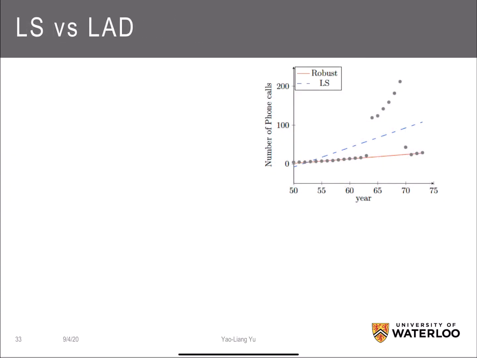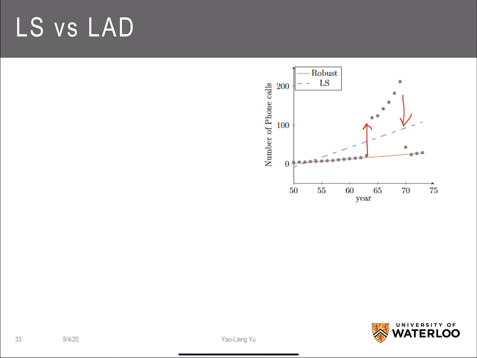This is another application, another area where we need optimization. And this is a data set on the right. I'm showing you a data set where we recorded the number of phone calls in Belgium during the years from 1950 to 1975. The interesting thing was there was a sharp jump around 1964, and then a few years later, a sharp decrease around 1970.